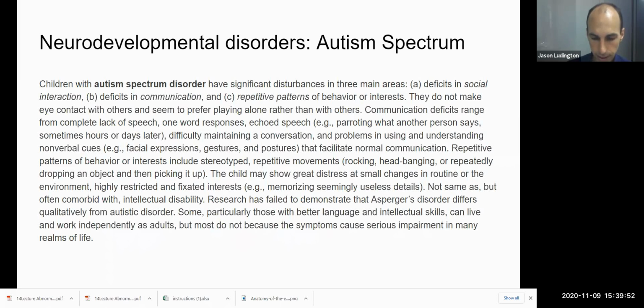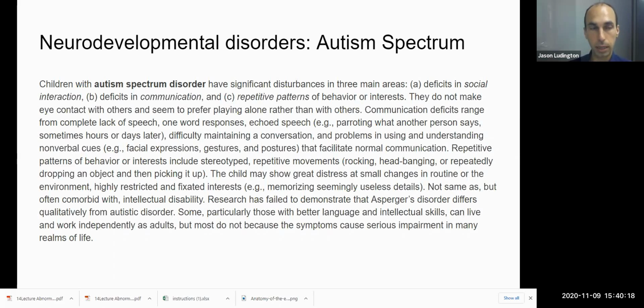The rates of autism spectrum disorder have increased dramatically since the 80s. For example, California saw an increase of 273% in the cases reported between 1987 and 1998. So that's a 12-year period. During that 12-year period, there was a nearly 3 times increase in diagnosis of this disorder.